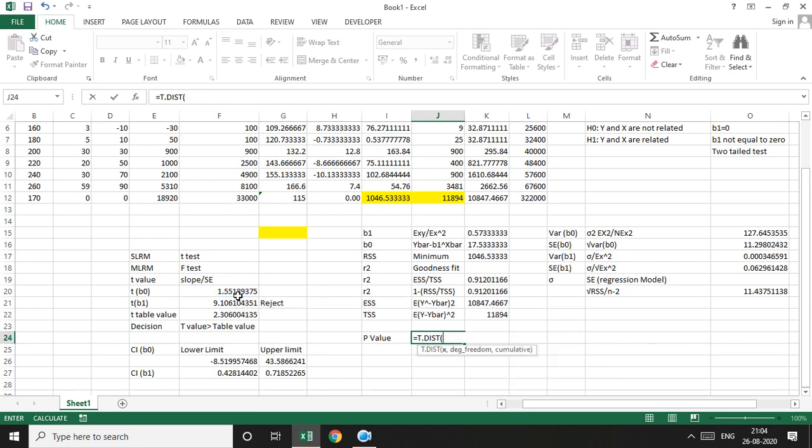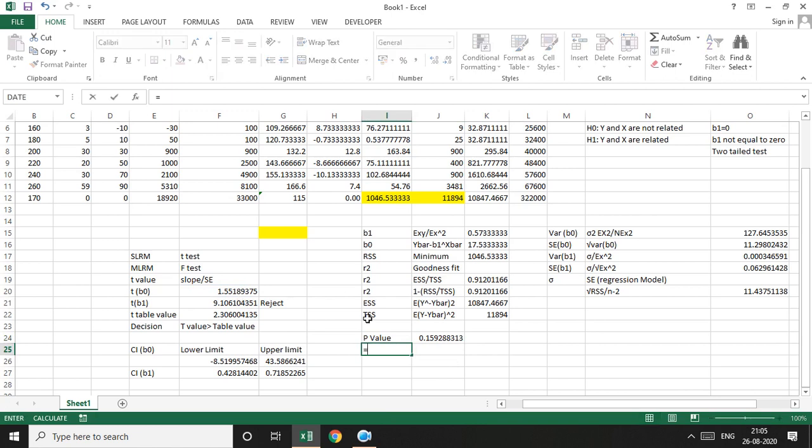You can use the two-tailed t distribution. So this is the one value, comma, 8.